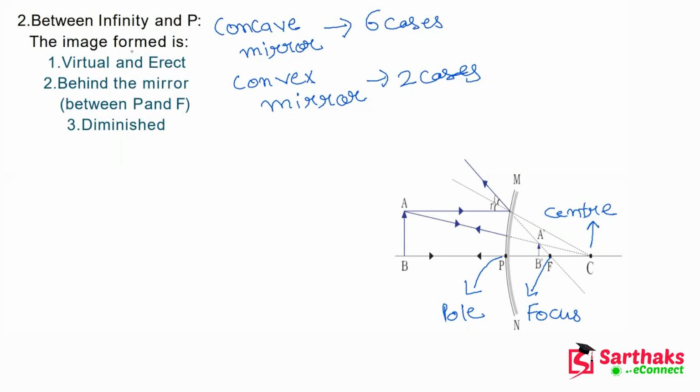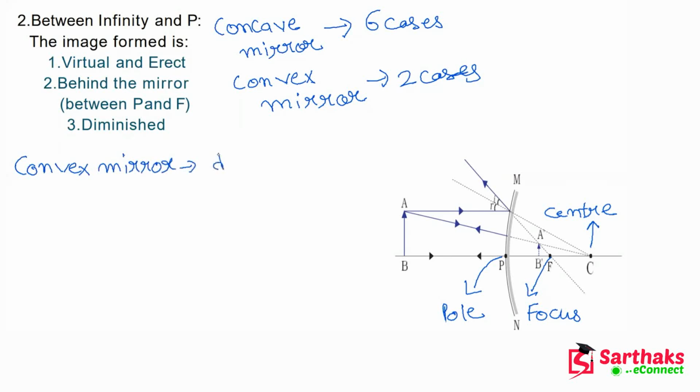So now what will happen? This is a ray coming parallel to the principal axis. After the reflection, it will diverge like this, because it is a diverging mirror. Convex mirror is also known as a diverging mirror. I'm writing it here for you.